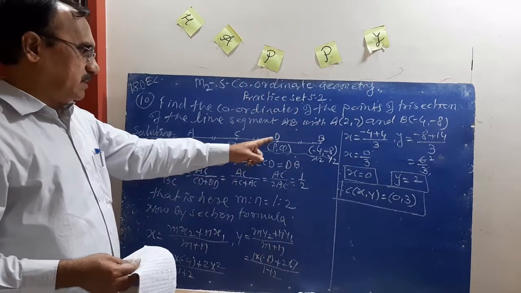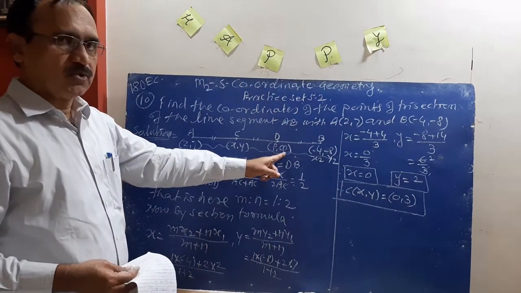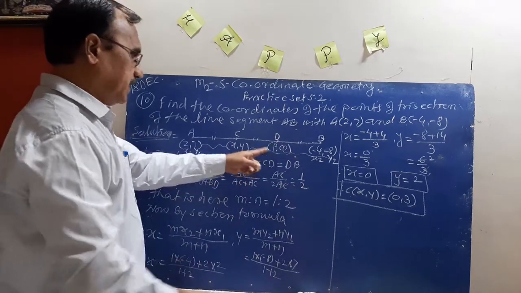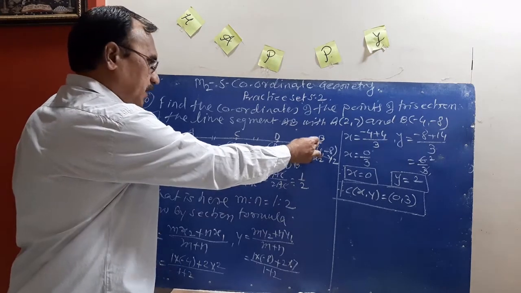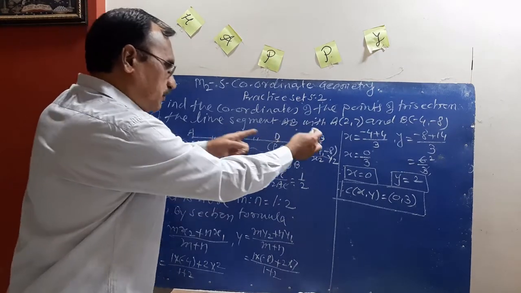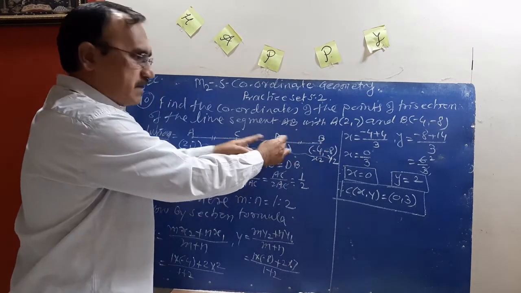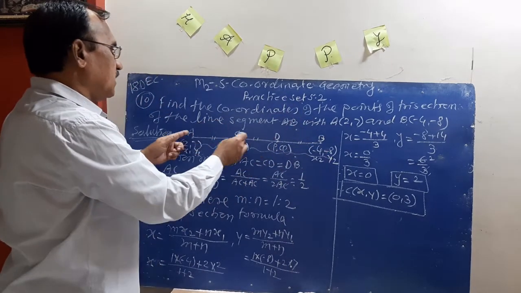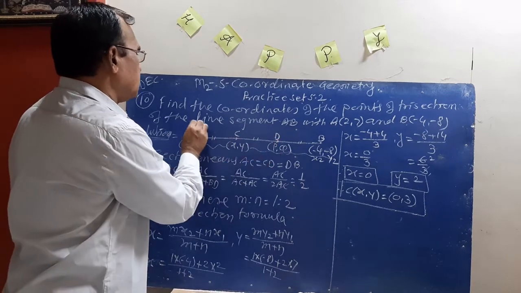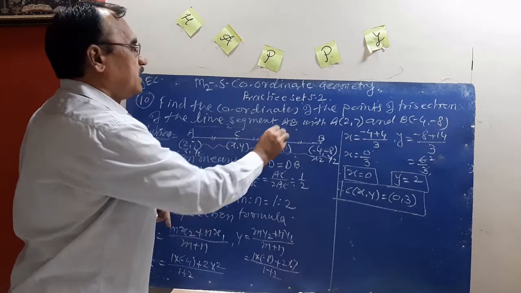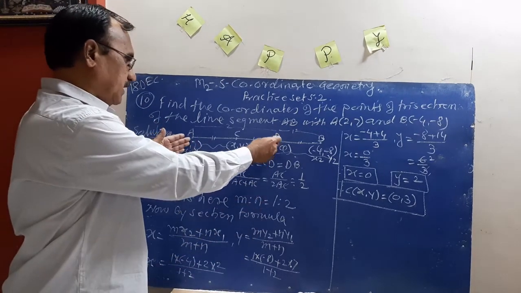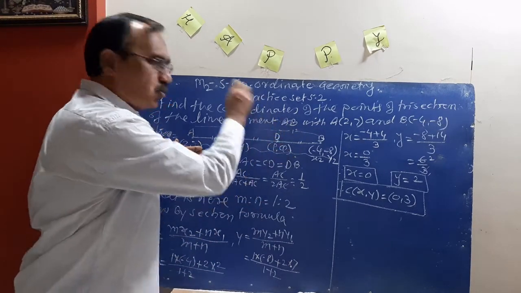Then we have to find D (p, q). At that time, point D divides segment AB into AD to DB. Now here AD is 2 and DB is 1, meaning point D divides segment AB in 2 to 1.